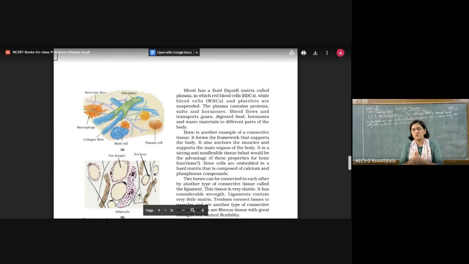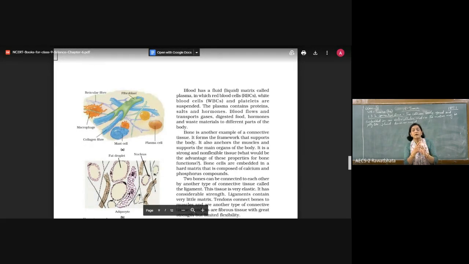But as far as the components are concerned, blood contains plasma, the liquid part, which transports the dissolved substances in it. It has RBC, WBC, and blood platelets.